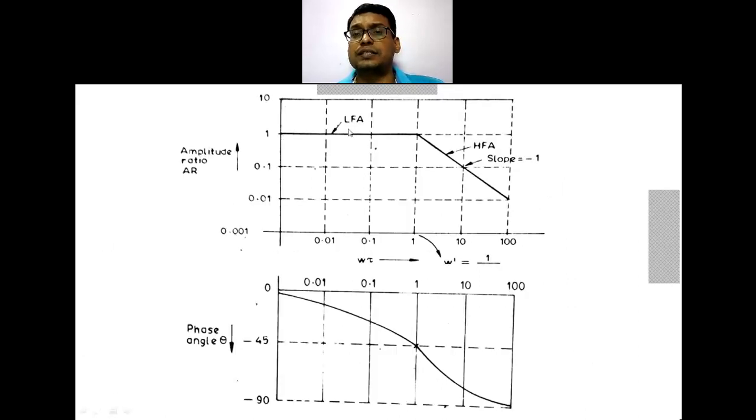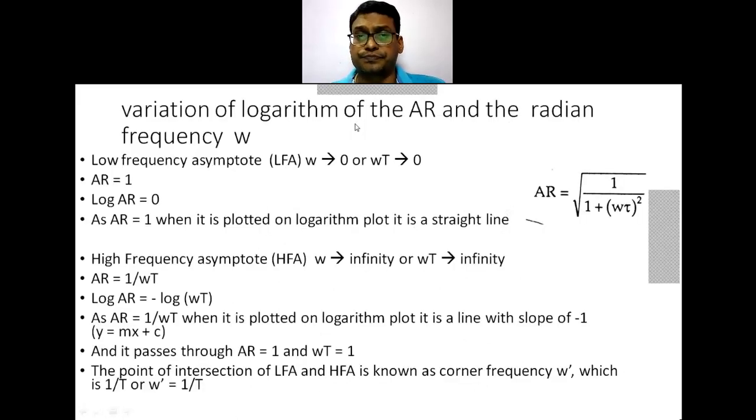One is the LFA and second is the HFA. LFA is the low frequency asymptote, and HFA is the high frequency asymptote.